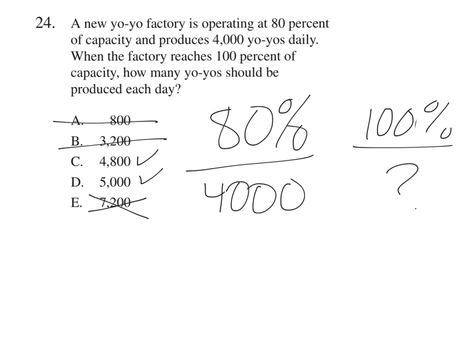Now, here's another little trick. Wrong answers in the math section will sometimes distract you by using numbers that show up in the problem. I mentioned that before. So I see a 4, an 8, 2 zeros. This has a 4, an 8, and 2 zeros. If you had nothing else to go on, you could eliminate C and guess D. I'm not going to say that's going to work every single time, but it's just something to keep in mind.